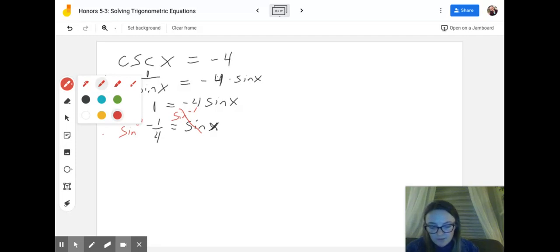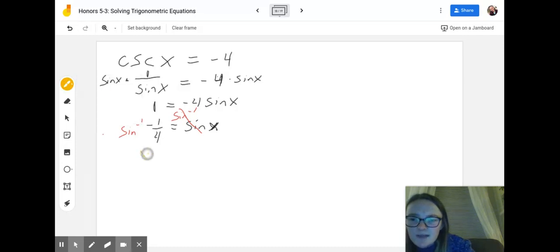of negative 1 divided by 4 is, in radians, and I'm going to keep with that process of doing degrees and radians. So in radians, we're going to say that x is equal to negative 0.252. And then in degrees, I guess I didn't press enter.